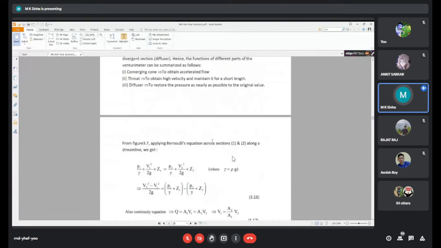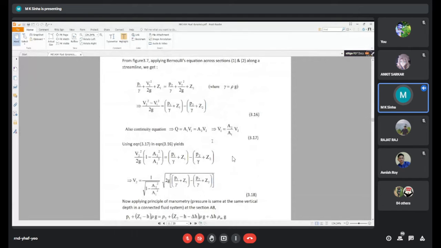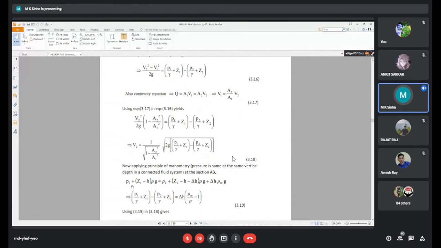So at A it is P1 plus Z1 minus H into rho G.